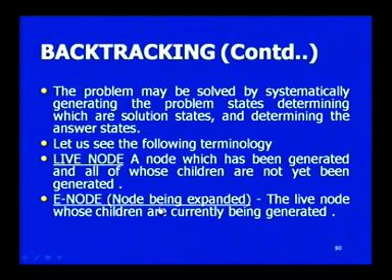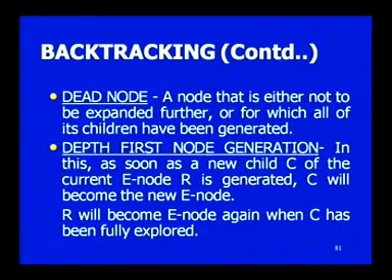An E node is a node that is being expanded. You can assume that a node that is currently generating the children is called an E node. A dead node is a visited node, a node which we have already read or visited. In our case, it is a node that need not be expanded further.